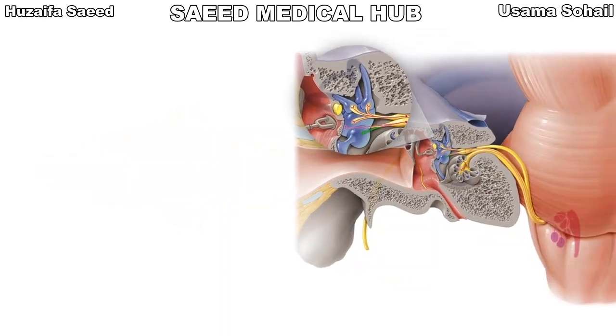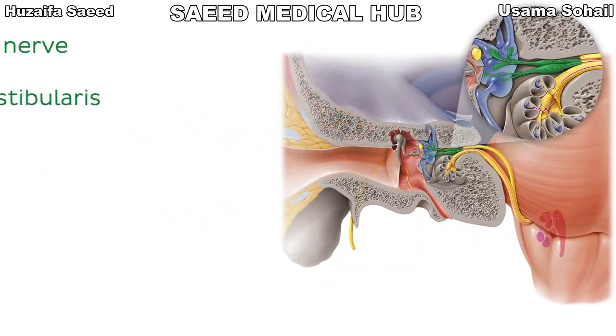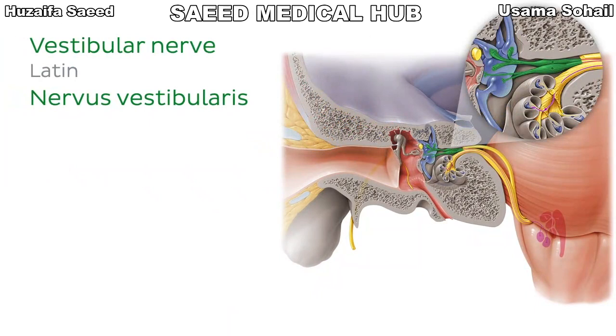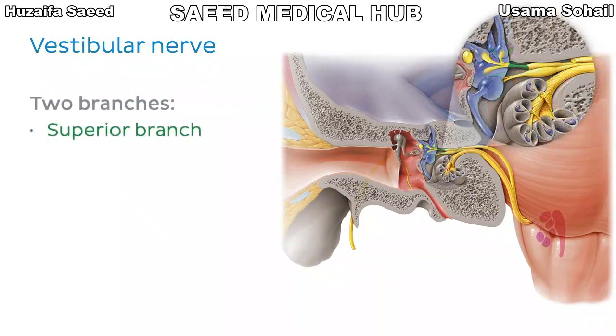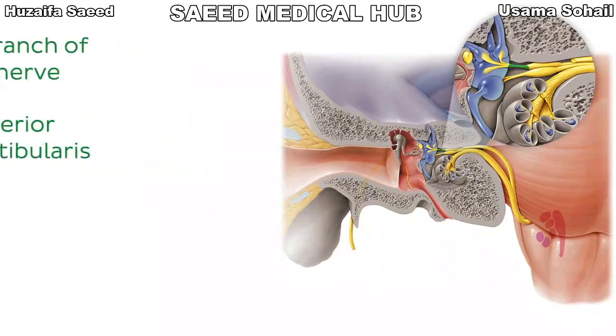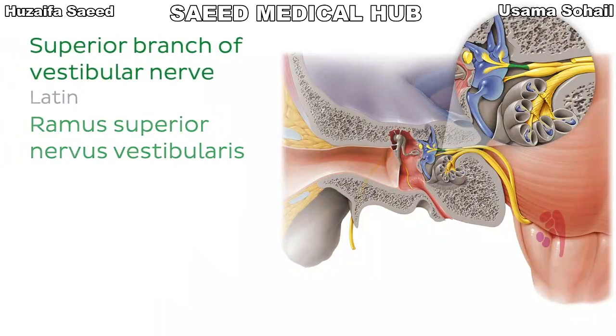So let's just come back to our image of the vestibular nerve as a whole. And as you can see, the smaller branches of the vestibular nerve merge to form 2 major branches. That is a superior branch and an inferior branch. And so we're going to have a little talk now about what these 2 branches supply. So of course we're going to begin with the superior branch of the vestibular nerve.